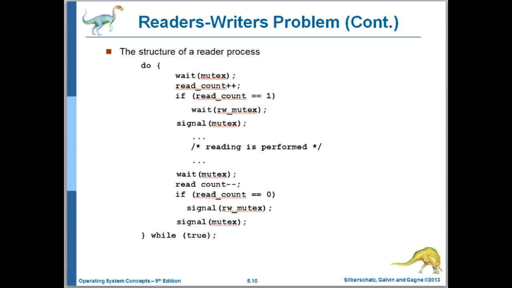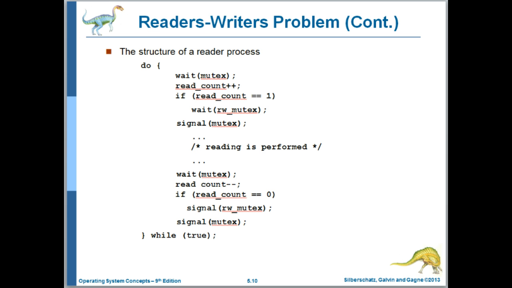So I wouldn't think of a specific reader as holding the read write mutex. The readers as a class hold that read write mutex, and that philosophy is reflected in the code that's executed when a reader is leaving the critical section.